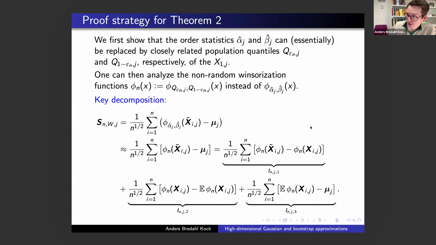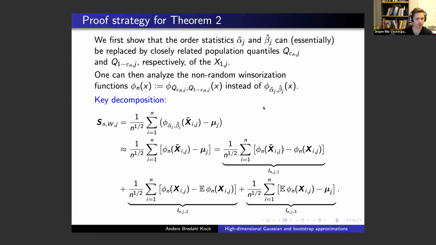Well, it means you now get a normal distribution plus a little bit extra here, so you use some Gaussian anti-concentration inequalities over hyperrectangles. And particularly, you can also show that the maximum of these is small. Had you looked at other types of sets, it may be the case that you have to show these are small in other norms than the supremum norm. Does that make sense? Yes.